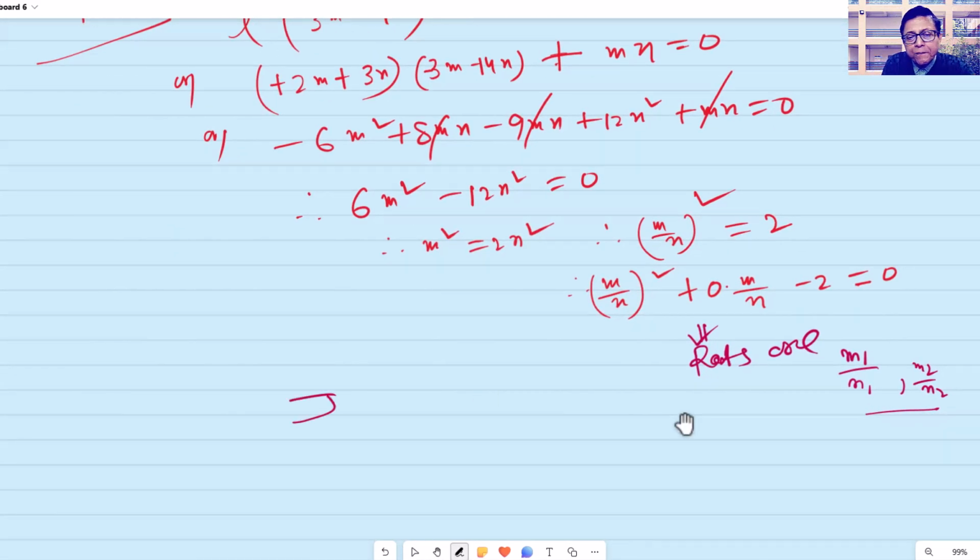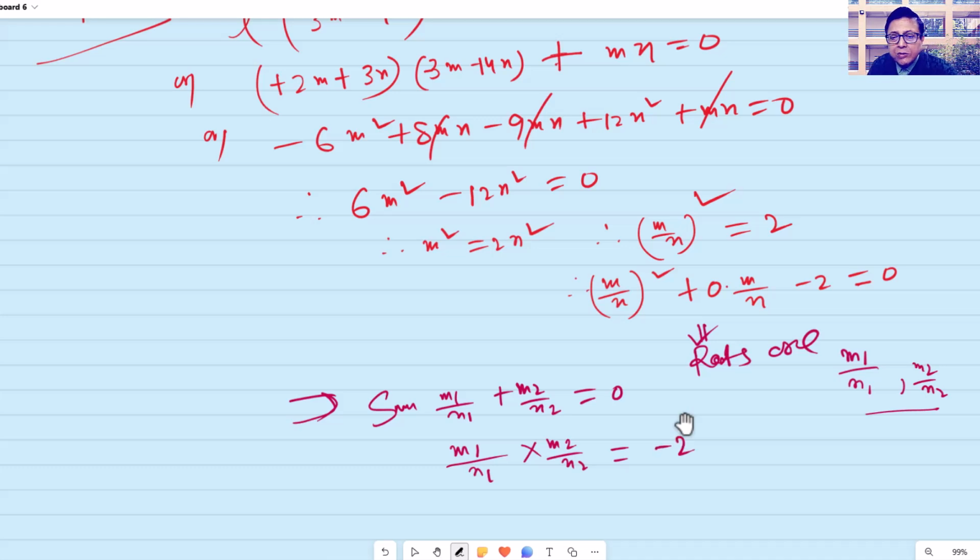So sum of the roots, you know. Sum is m1 by n1. Let me write both. Which one helps? That will decide 0, and product equal to minus 2.